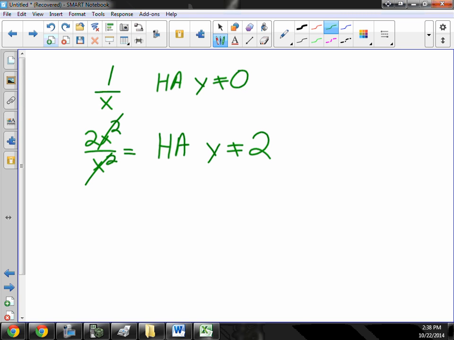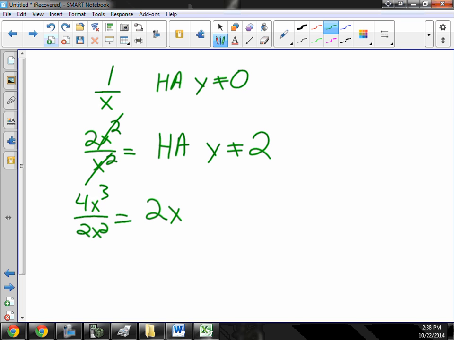If we have 4x to the third over 2x squared, that equals 2x. So that means the graph never touches the line 2x, well, near the ends. It could touch it in the middle, but near the ends it never touches 2x.